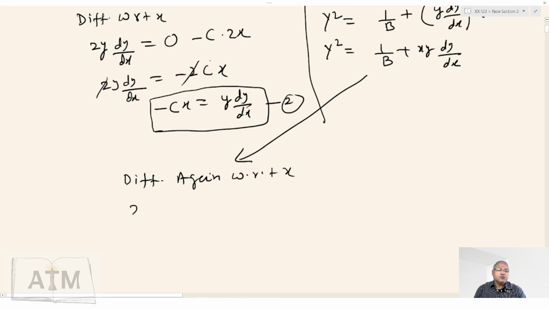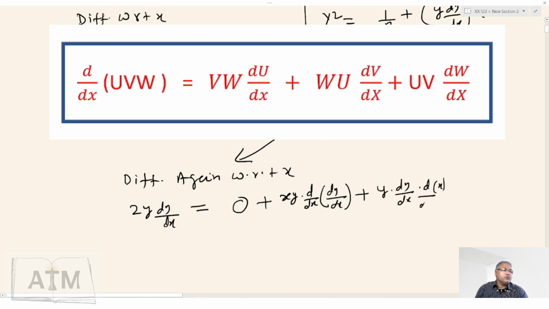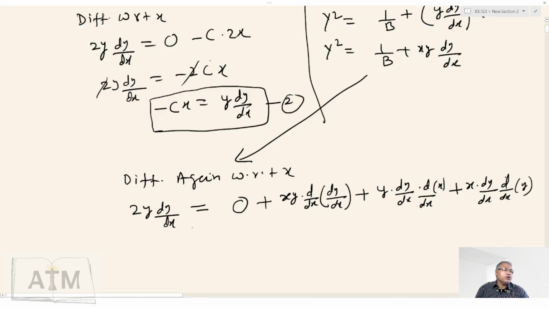So the derivative of y² is 2y dy/dx, and the derivative of 1/b is 0, and here we have to do the UVW procedure: xy into the derivative of dy/dx, plus y dy/dx into the derivative of x with respect to x, plus x dy/dx into the derivative of y with respect to x.